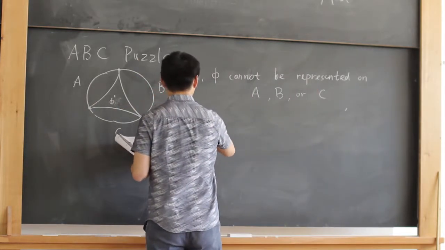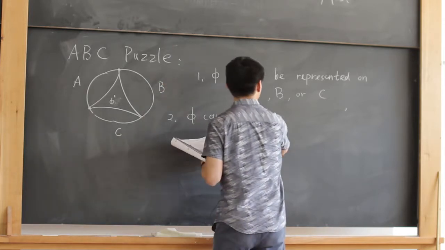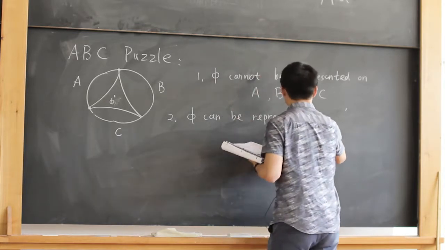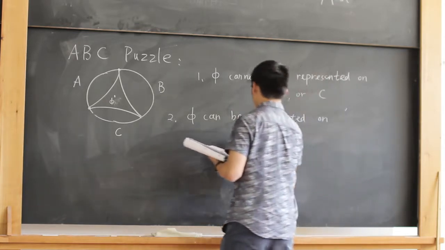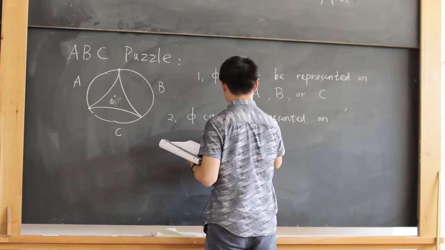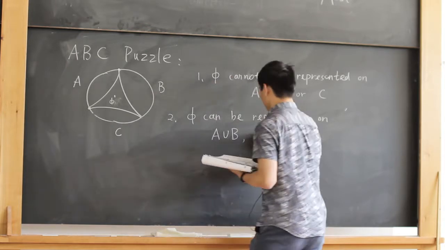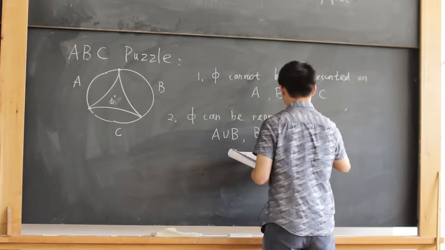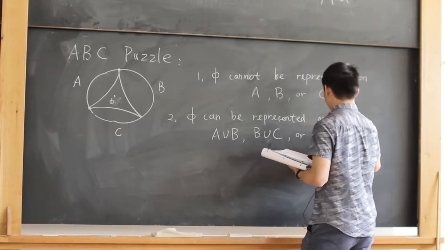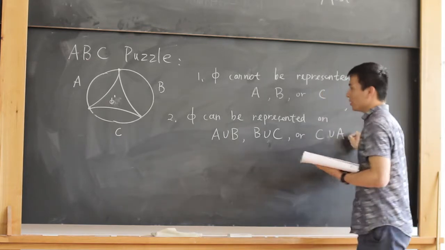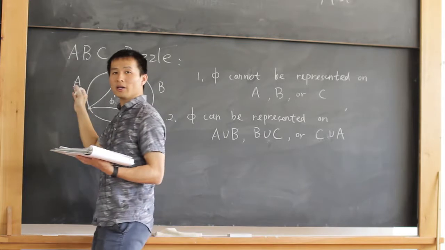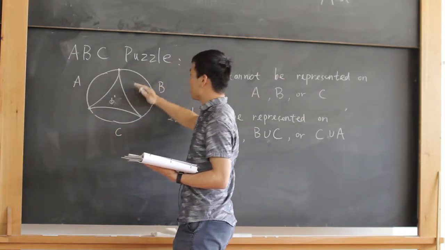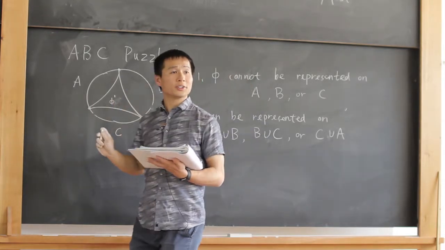The second statement is phi can be represented on the union of any two of the 3 regions. So union of A with B, union of B with C, or union of C with A. This is because if we take the union of A and B, it's a fairly big region, and the causal wedge is this entire region that contains the center.